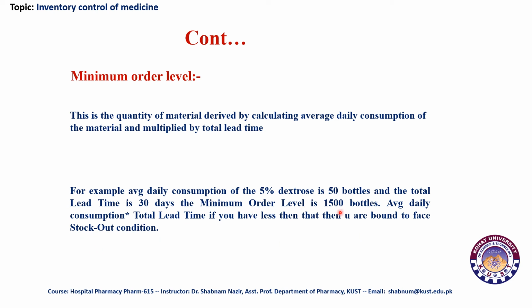If you are having 1500 bottles of 5% dextrose in the stock, it means you are supposed to order, because the time period involved is sufficiently enough to get these bottles consumed, and you would be left with nothing if, for example, you didn't order in time. So 1500 bottles of 5% dextrose left in the stock is a clear indication that you need to reorder, you need to issue the order.